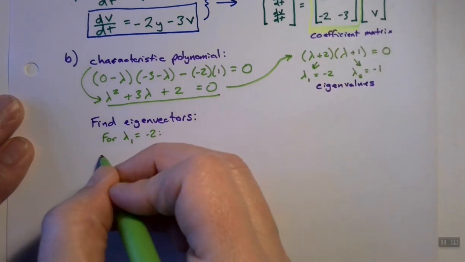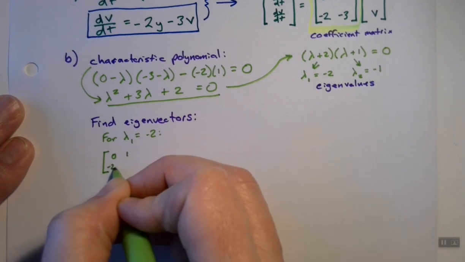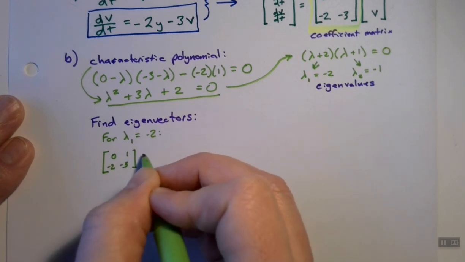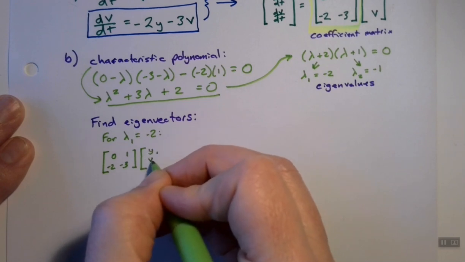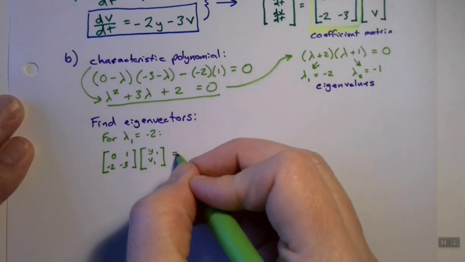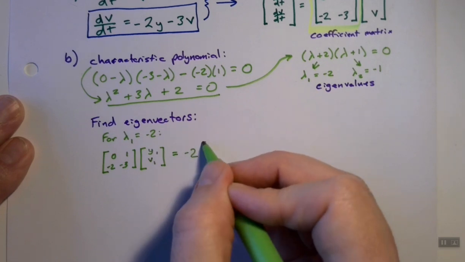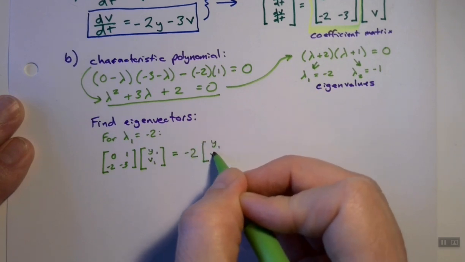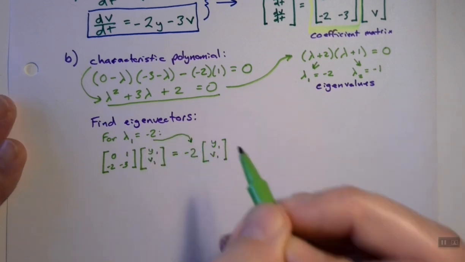So in written form, it's going to look like this. The coefficient matrix 0, 1, negative 2, negative 3 times some, we'll call it y1, v1, because they are attached to that particular eigenvalue. That has to be equal to negative 2 times that same y1, v1.